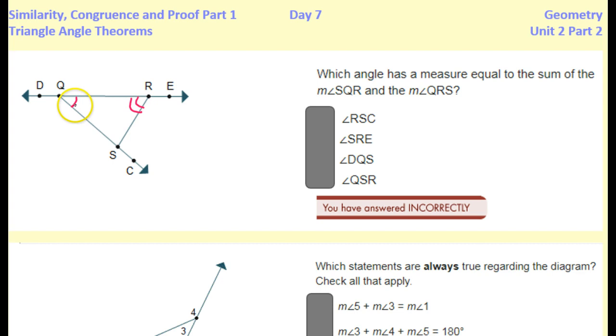So these are two interior angles. They should add up to the remote exterior angle. And that would be this. This is the exterior angle that is far away from the two interior angles. So that is angle RSC. So this should be the answer.